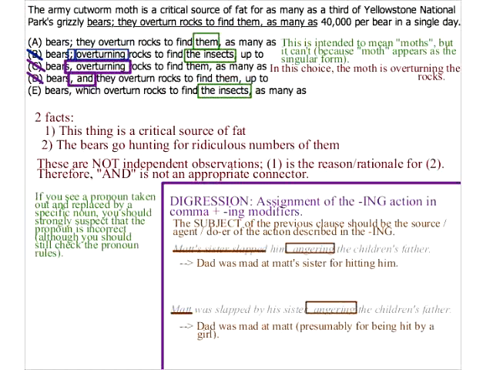Fragments are not sentences, so this is not okay. And then we can cross this one out in green because of the pronoun issue. So we've got E. There's one issue regarding the insect and stuff, which we'll talk about in a second.